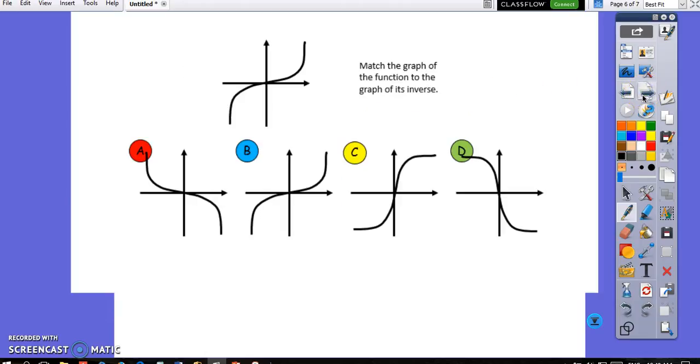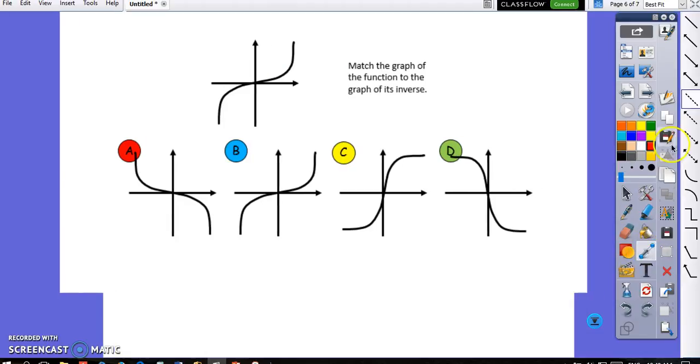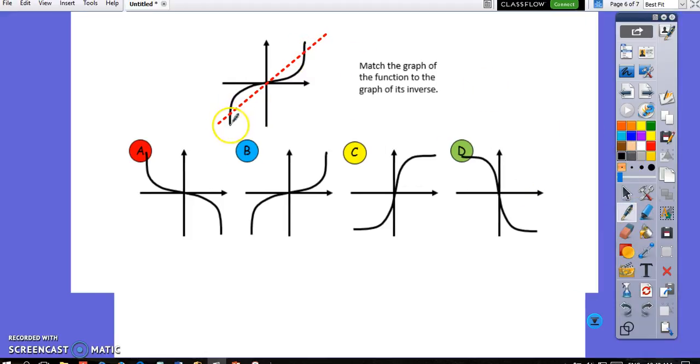So, here I have a graph, and we need to find the inverse. So, if we had y equals x going through like this, then it's going to cross here and cross here. What would it look like?